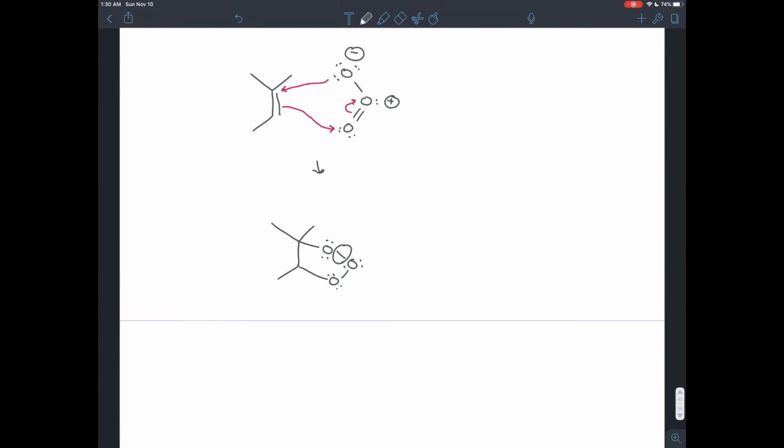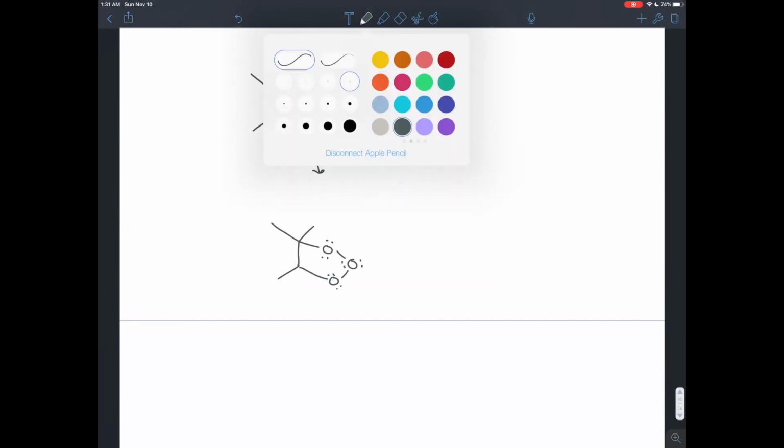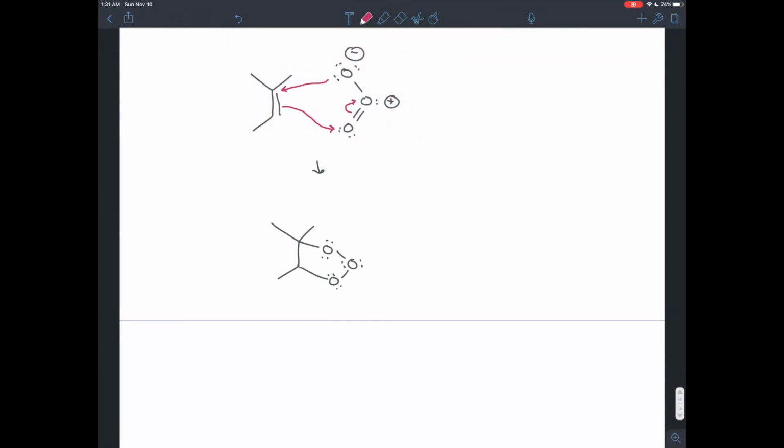You have these bonds between oxygens, and we've seen this before in the case of peroxides and peroxyacids. In the case of peroxyacids, we talked about it when we talked about anti-dihydroxylation. Bonds between oxygens are very unstable, and so those electrons are looking for somewhere to go. And the first thing that happens is one of them sort of crumbles, and it can feel the positive charge on this carbon. Right?